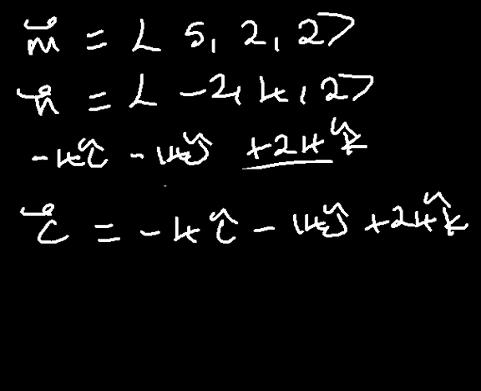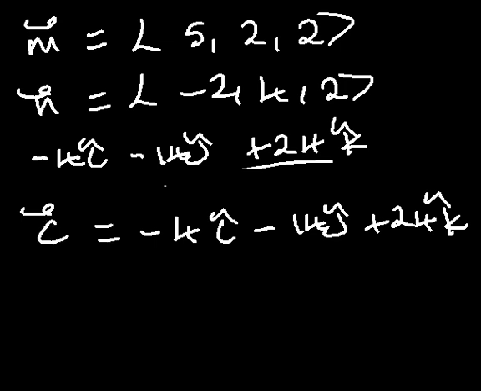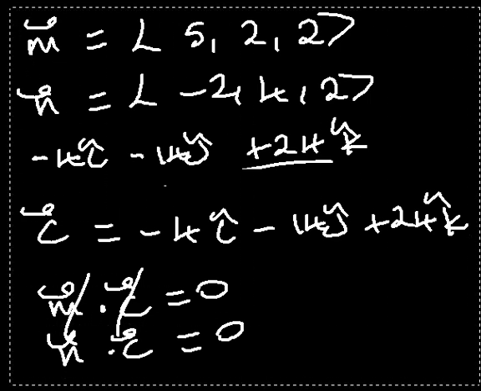Determine if vector C is orthogonal to vector M and also to vector N. According to the principle behind orthogonal vectors, if two vectors are orthogonal, vector M dot vector C should be equal to 0, and vector N dot vector C should also be equal to 0. If this is the case, the two vectors are orthogonal. Try to verify that.